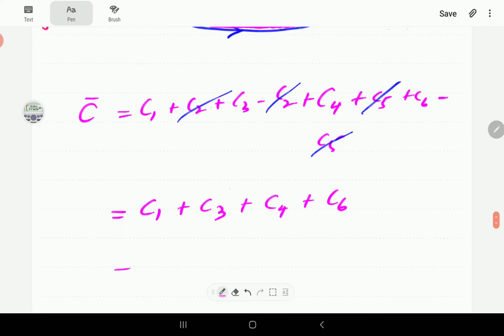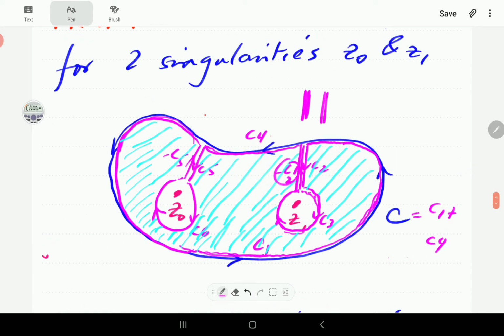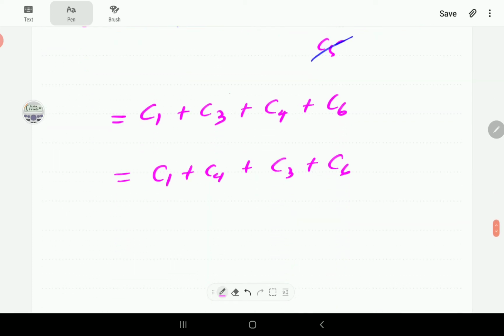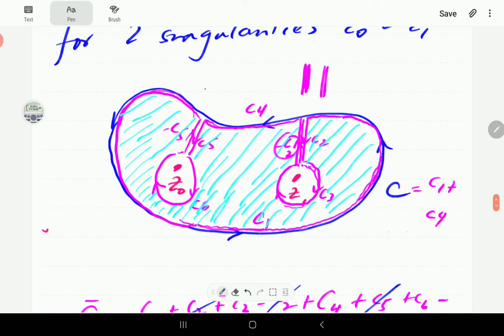So here, if we regroup this C1 plus C4, that's just C that we had before we introduced the deformation. The other thing to note is that the contours C3 and C6 are in the negative orientation because they are clockwise.